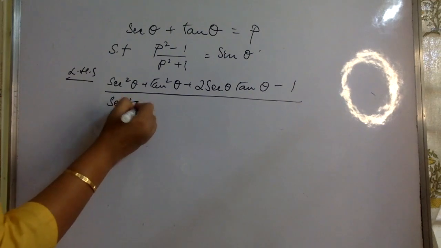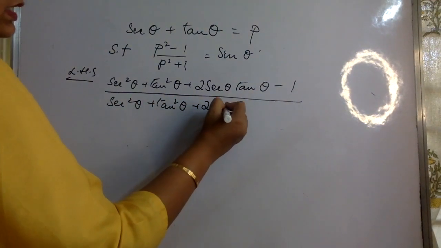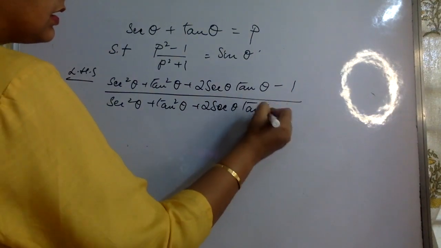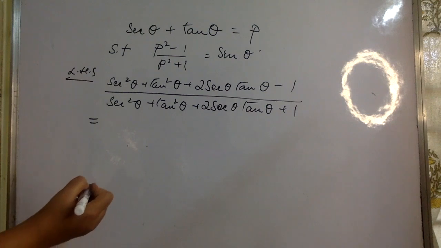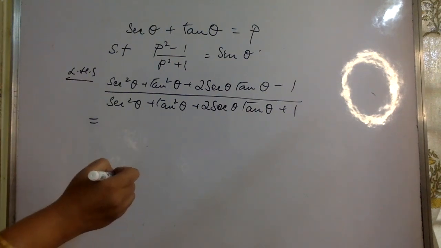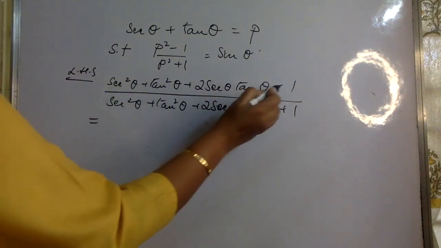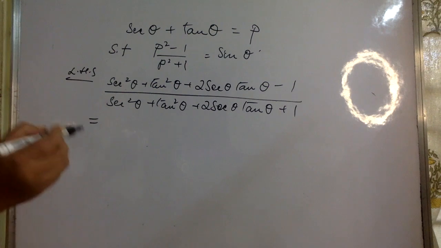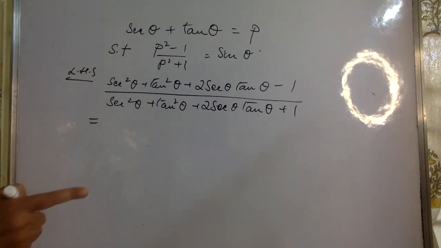The denominator is also written: sec square theta plus tan square theta plus 2 sec theta tan theta plus 1. Now we are going to work on this. This is sec square theta minus 1. Sec square theta minus 1 is tan square theta, right?